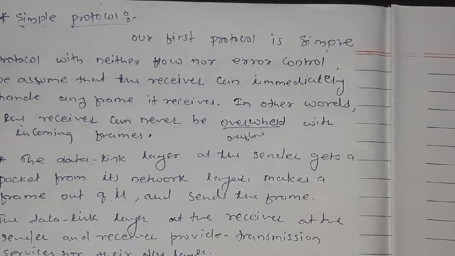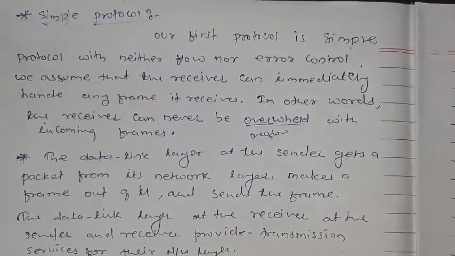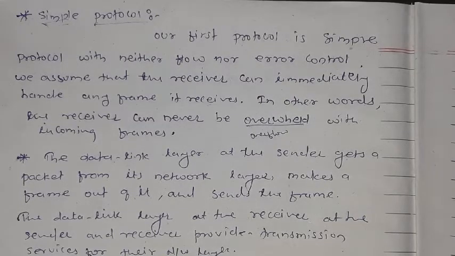So the simplest protocol just avoids the overwhelmed data at the receiver end. Then the data link layer at the sender gets this kind of avoidance or rejection, okay. So this is the first protocol we have seen today. In our next lecture we'll go through another protocol. So till then, bye bye.